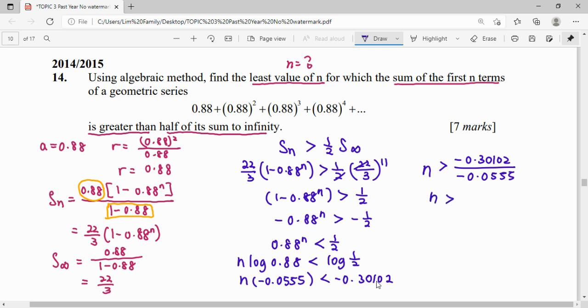And n is greater than 5.422. So n greater than 5.422 means it can be 6, 7, 8, 9, 10, 11, 12, so many numbers we can do. But the question asks what the minimum number we can accept is. The least value that we can accept is n equals 6.